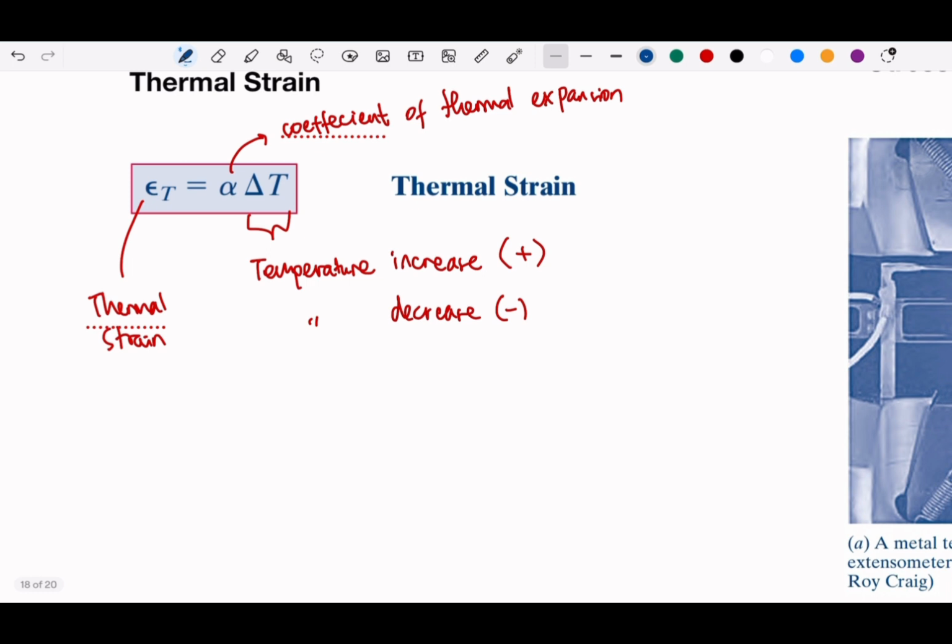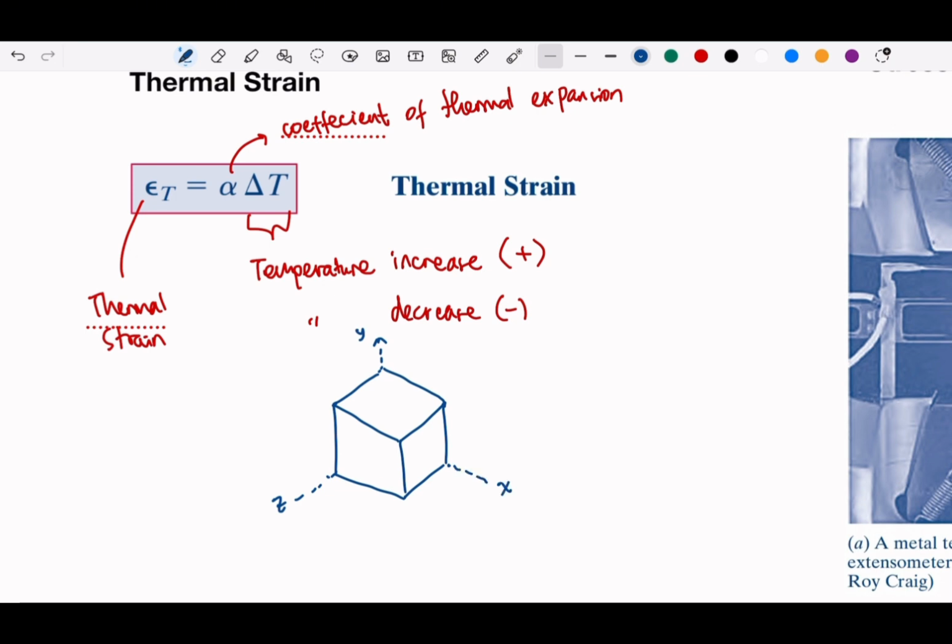And we could imagine the block like this. Let's say we have a block which we can expand. Let's say this is Y, this is Z, this is X. So if the thermal strain is happening, we could see that the block expands in all directions, for example.